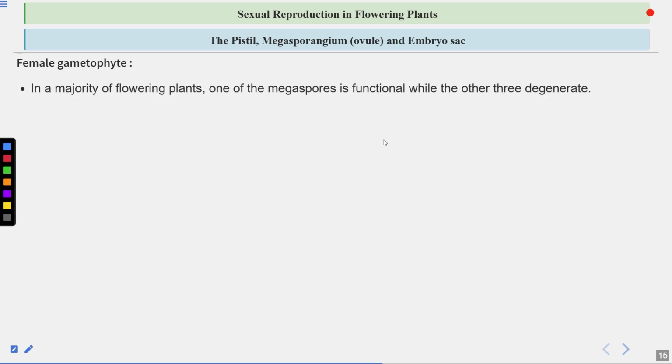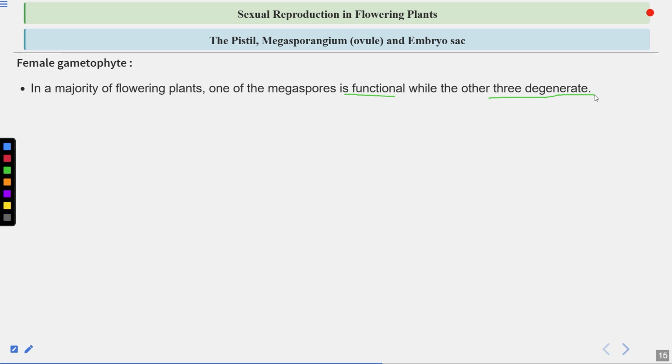Now, in a majority of flowering plants, one of the megaspores is functional while the other three degenerate. So we have seen that through meiosis, the reduction division, the MMC, megaspore mother cell, forms four megaspores, and out of these four, only one is functional.